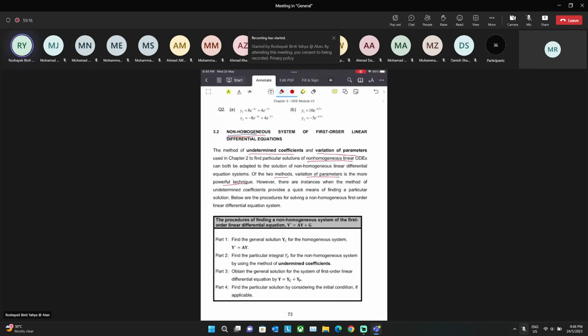However, there are instances when the method of undetermined coefficients provides a quick means of finding a particular solution. So in this topic we will use undetermined coefficient.